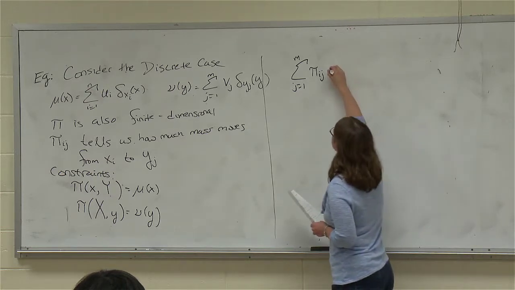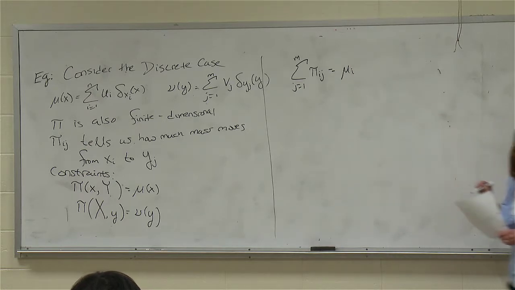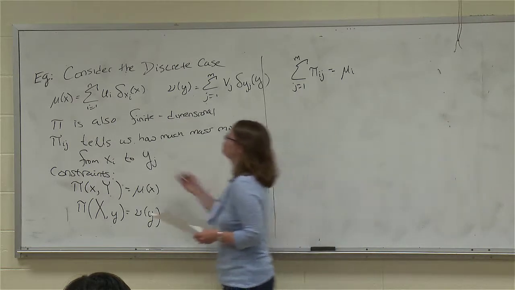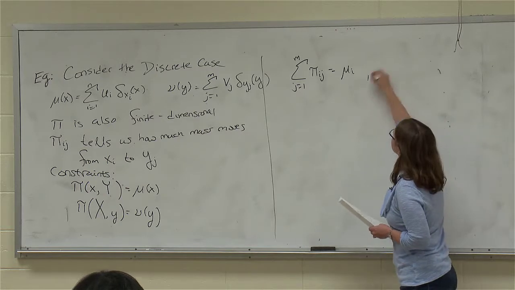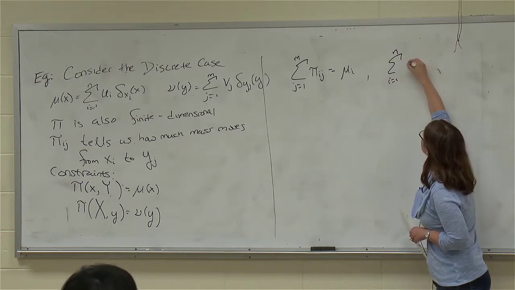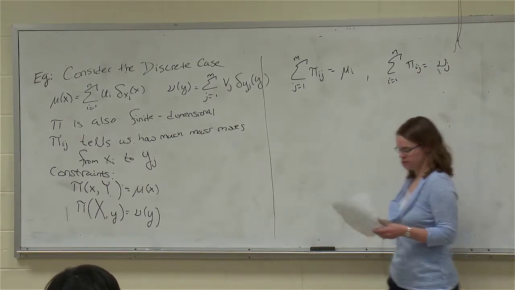This should now just give us back our source measure, which is this guy. And if we integrate away the x dependence, we should get back our target measure.